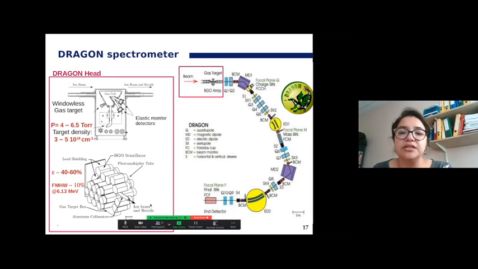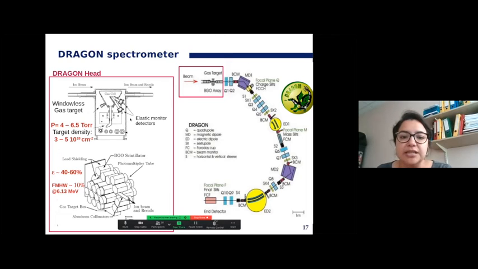So DRAGON consists of two main parts. First, the head of DRAGON. The beam, with intensities around 10 to the 9 particles per second and energy of a few hundred keV per nucleon, enters a windowless gas target that can contain up to 7 torr of hydrogen or helium gas, equipped with silicon detectors for measuring the elastic scattering for beam normalization purposes.